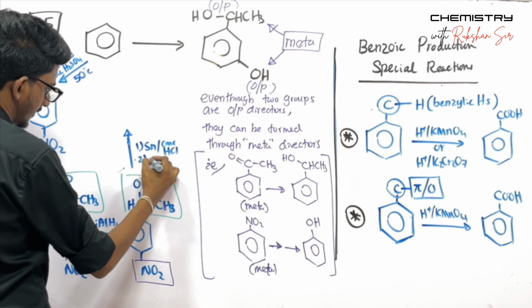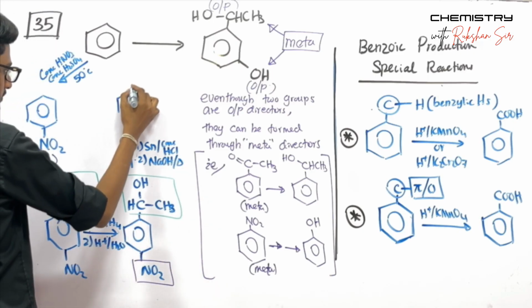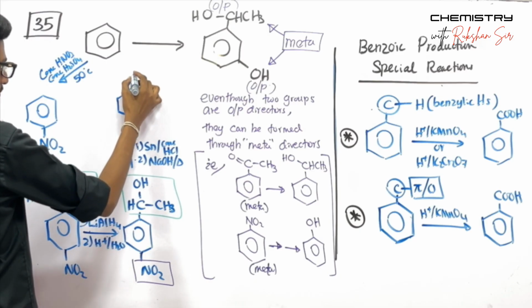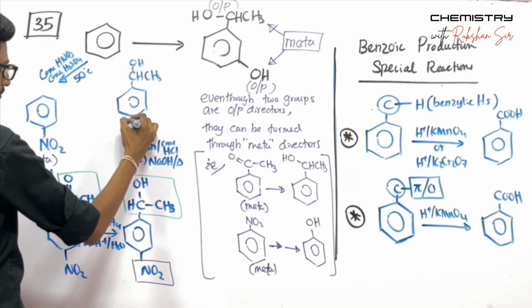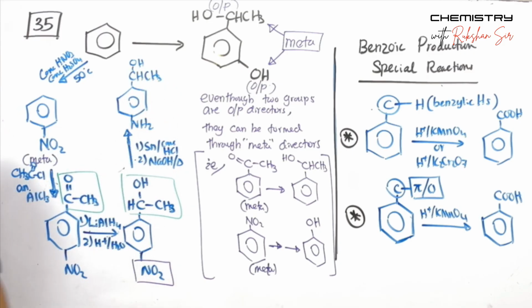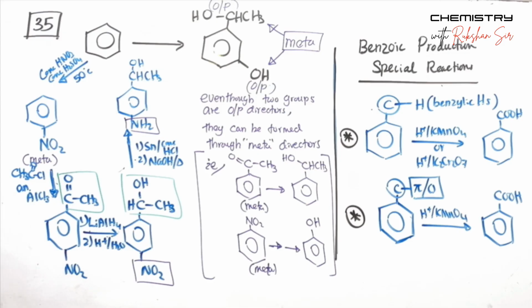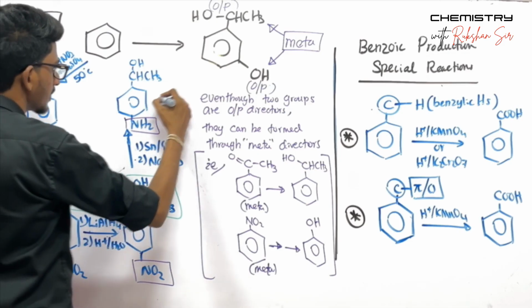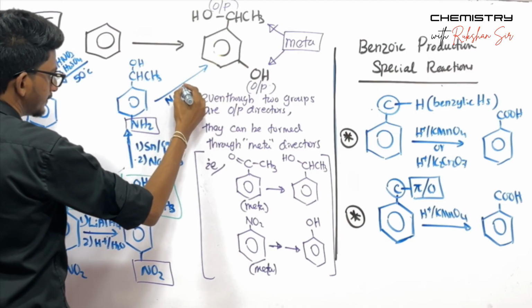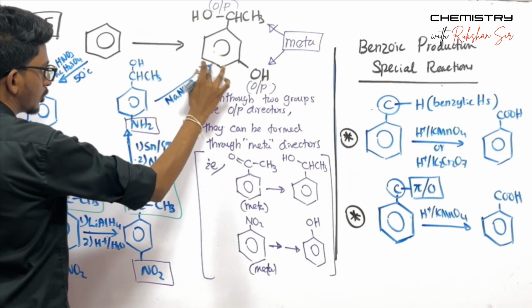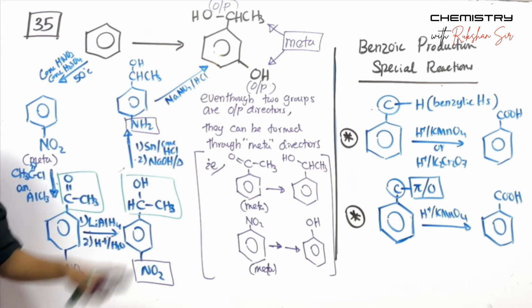HCl, then NaOH. Then to convert NH2 to OH, use NaNO2 and HCl at room temperature, so no need to mention the temperature.